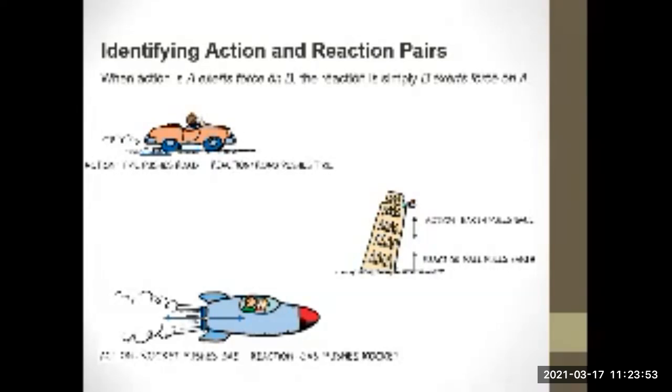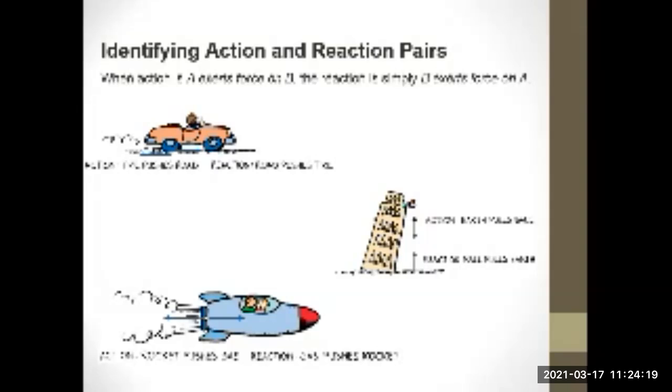What will be the reaction? Road pushes the tire. See, both are in opposite direction. When the tire pushes the road, the car will move forward. But what is the reaction? The road pushes the tire, and only then can a car move smoothly on a road.